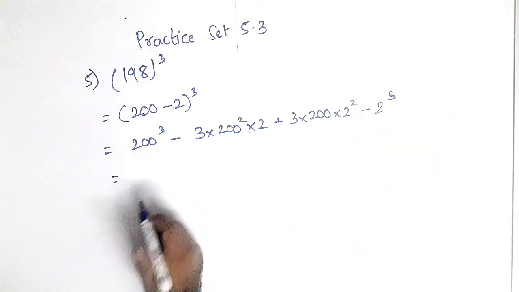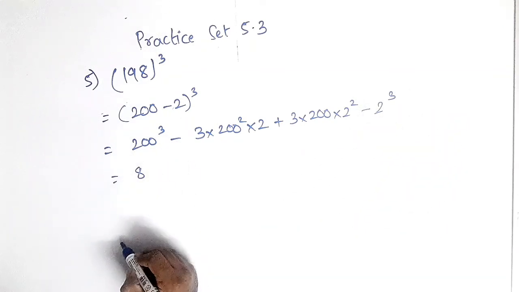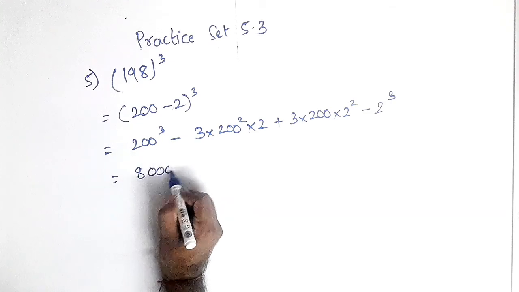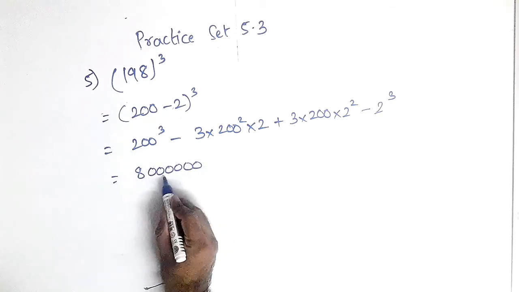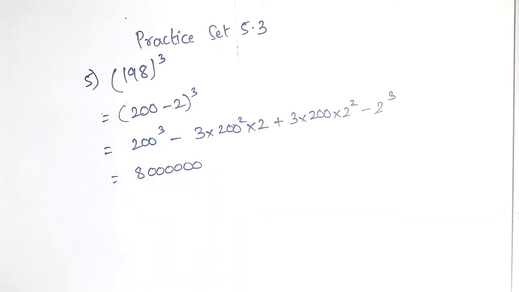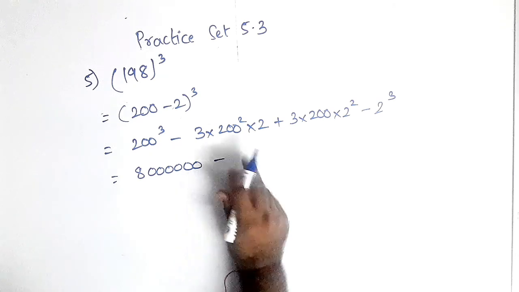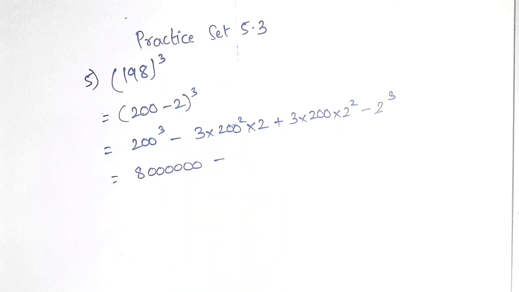Now 200 cube, 2 cube is 8, 2 zeros will become 6 zeros. Okay, so it becomes 80 lakhs. Okay, minus 200 square will be 4 and 6 zeros, so it will be 40,000. Sorry, 4 and 4 zeros, correct, 40,000.